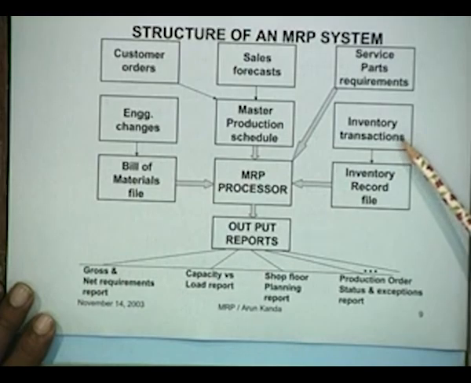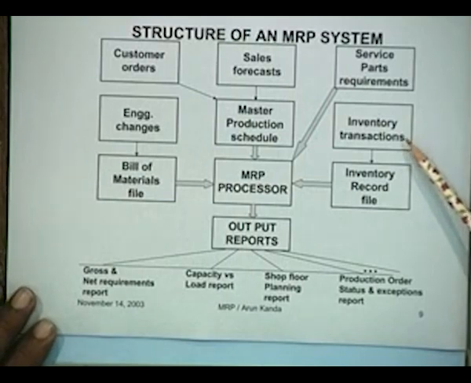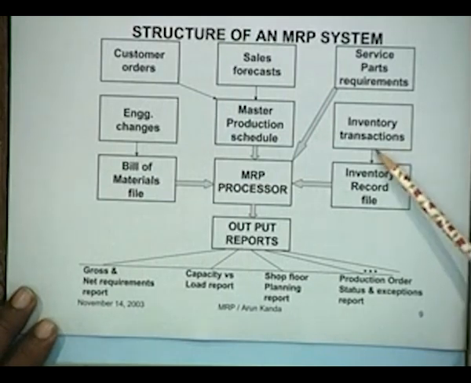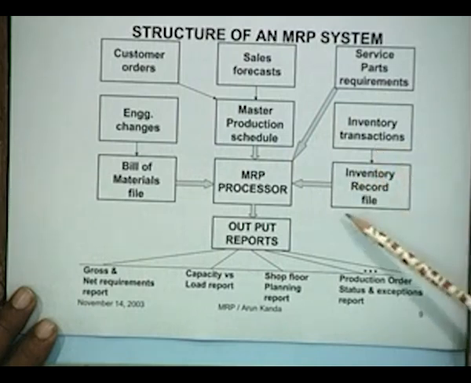So what is the status of the inventory of that item for each of the thousands of items that you have, right? So inventory transactions will tell you what is the basic status of the inventory of different types of items, and this information is normally available in what is called an inventory record file.